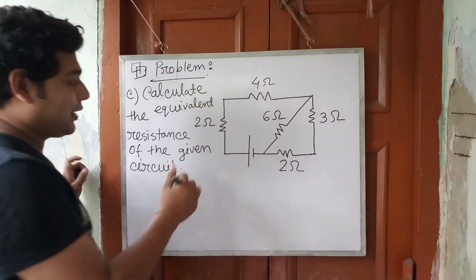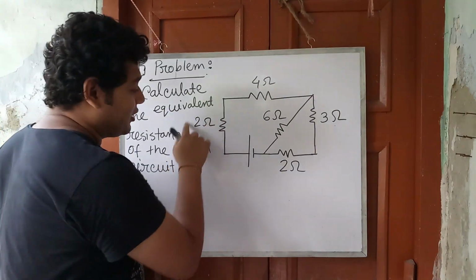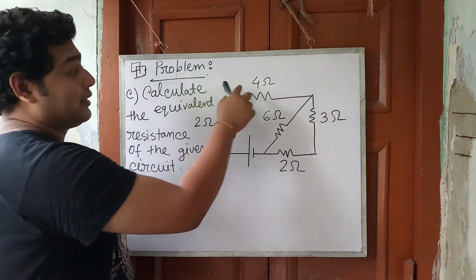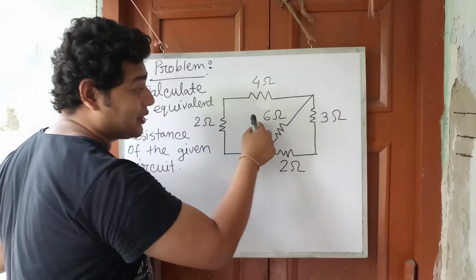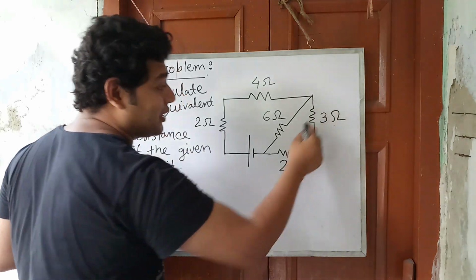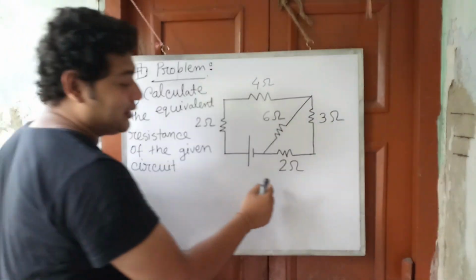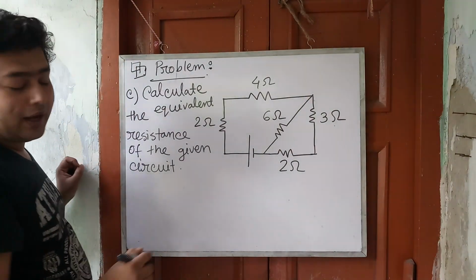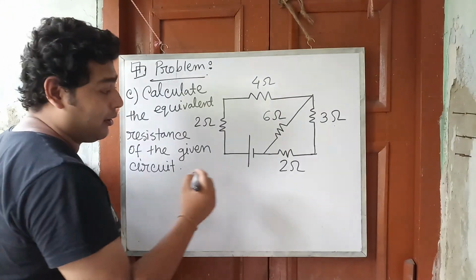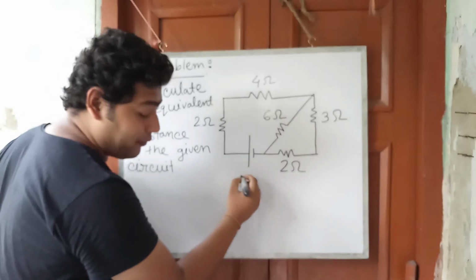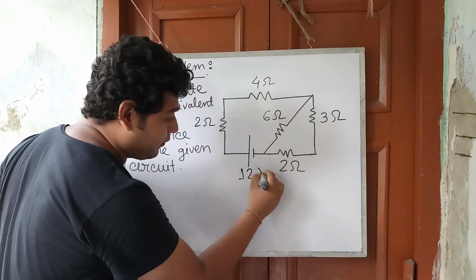Here we can see that this resistance is 2 ohm, this resistance is 4 ohm, this resistance is 6 ohm, this resistance is 3 ohm, and this resistance is 2 ohm, and the given EMF or electromotive force is 12 volt.